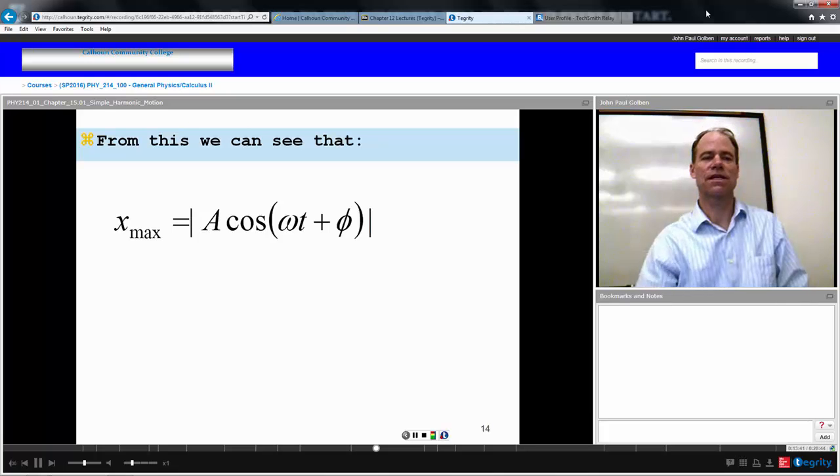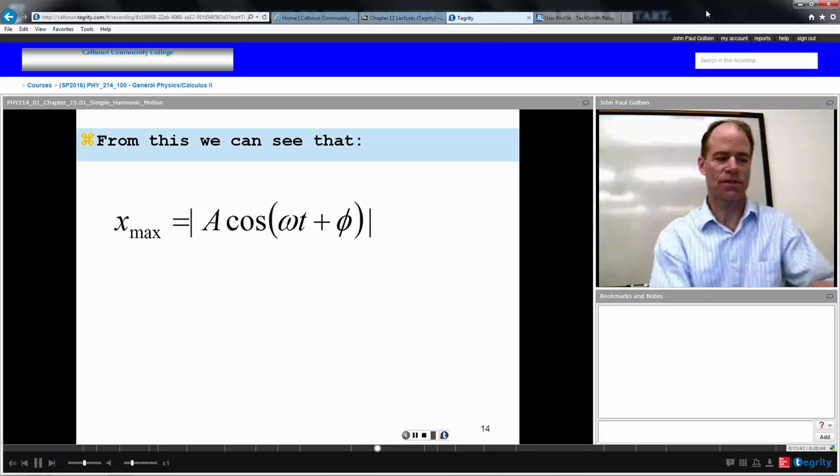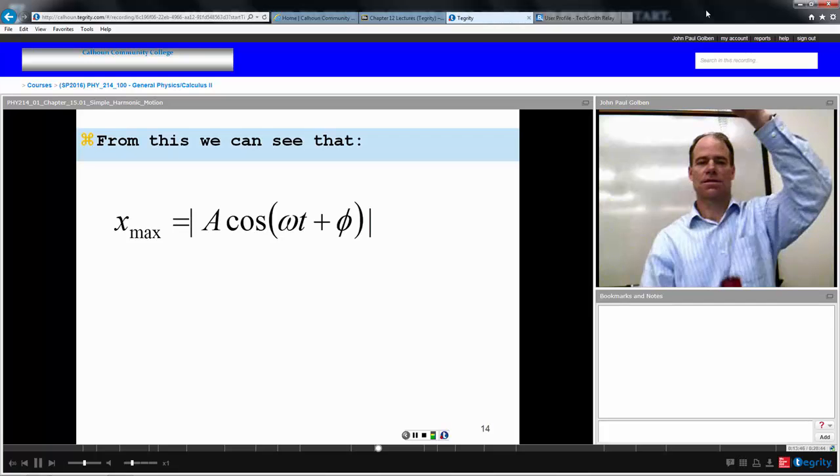From this we can see that our maximum position for this oscillation would correspond to when the cosine function is maximum, and that's when it's equal to 1.